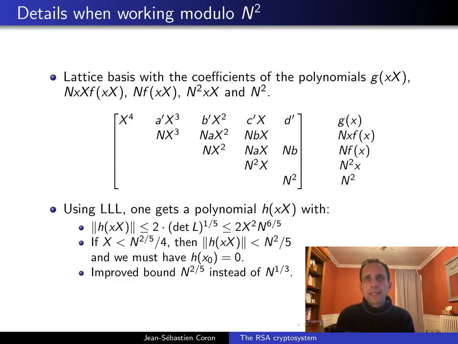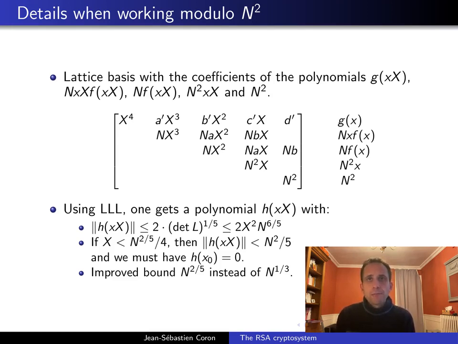With the same technique as previously, we can show that each monomial of this polynomial h, when evaluated at x0, is going to be less than N squared over 5. And so the sum of the 5 monomials in absolute value will be strictly less than N squared. And so this implies that h of x0 is equal to 0 over the integers. And so we can recover x0.